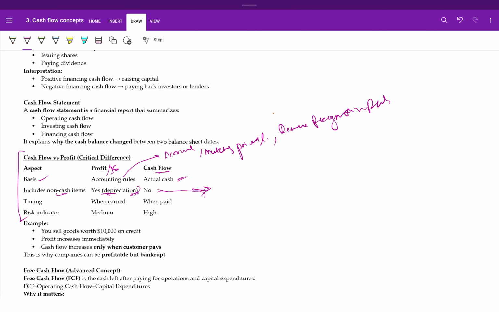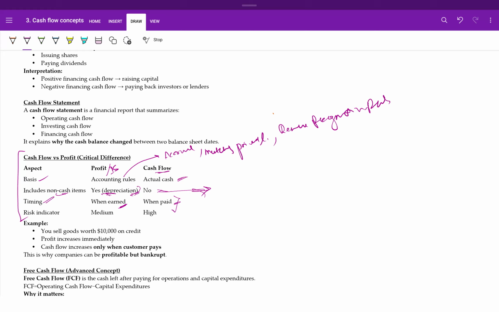When we talk about timing, profits are recorded when they are earned. Profit means that goods are sold or services are provided, even if payment is received later, and profit is recorded immediately. But on the cash flow statement, we do not record it until we have actually received the cash or actually paid the cash.